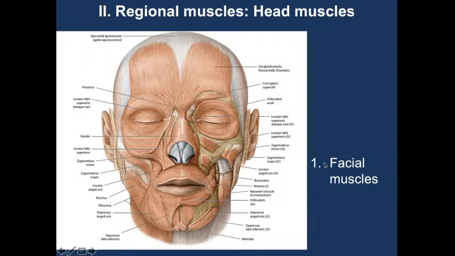These are two groups of head muscles. The first group we call facial muscles. They are mimic muscles which help the skin on our face to move. You see that all facial muscles are located around natural holes like the orbita here, or cavitas oris.